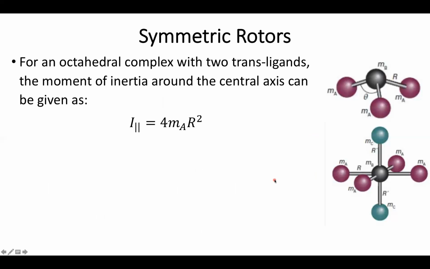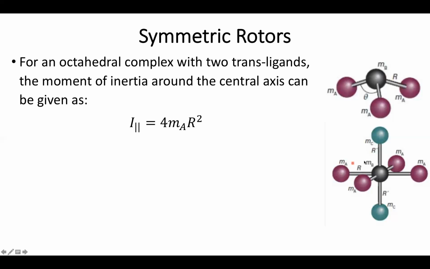However, we also have other examples of symmetric rotors. For example, you can imagine an octahedral complex with 2 trans ligands. This is one of the more simple modified octahedral cases. And again, this one is easier by inspection. The parallel bond axis is going to be along these 2 odd atoms.